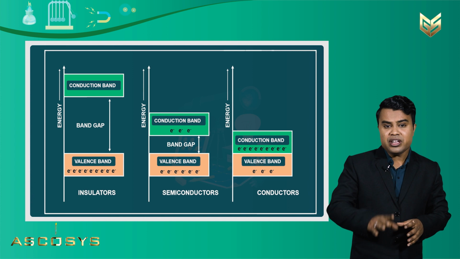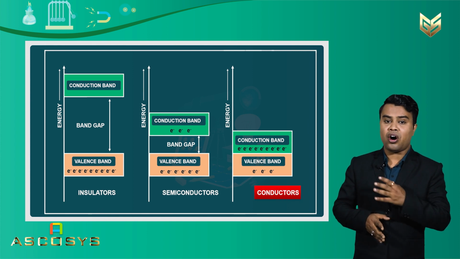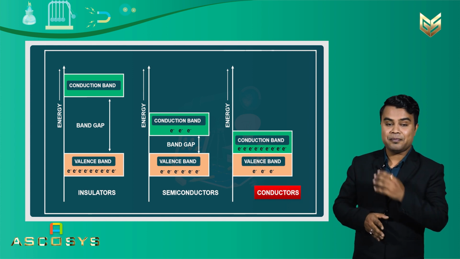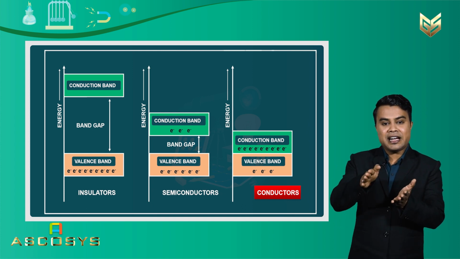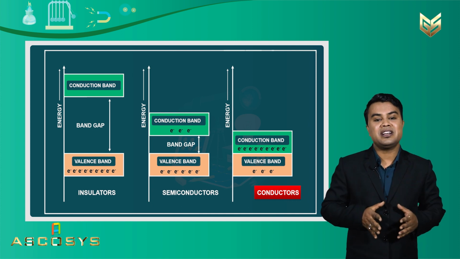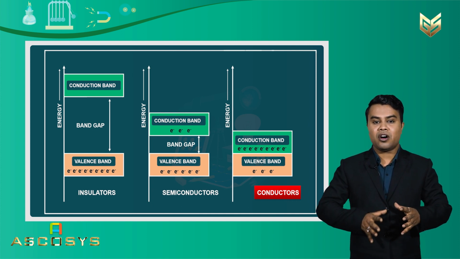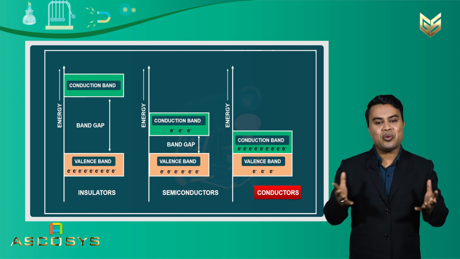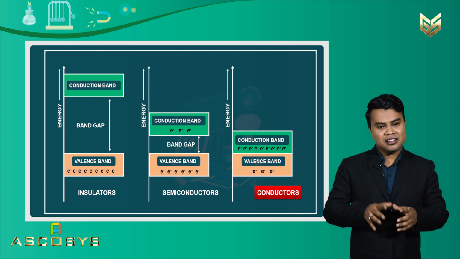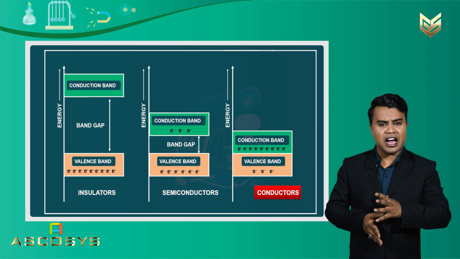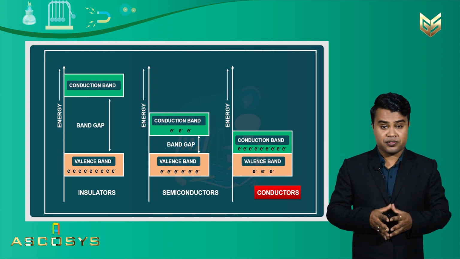Fine. Now, if you take the example of the last one, that is metal. What you will see, in case of metal, the valence band is overlapping with the conduction band. When the valence band overlaps with the conduction band, there is no worry at all. Electron can easily go to the conduction band, and the current is possible. That is why conductors are generally used for conduction of current.